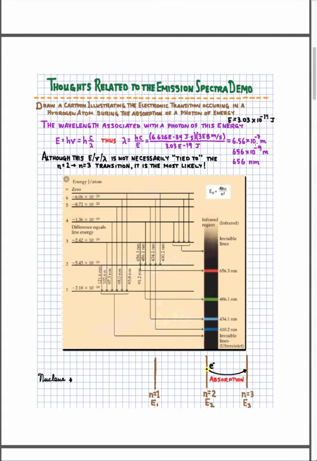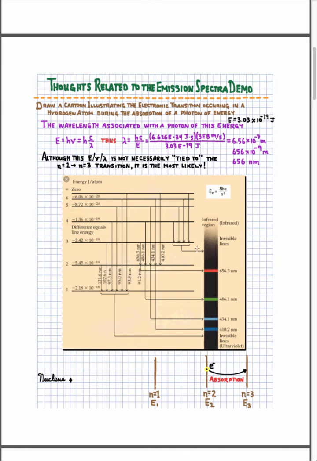And if I change that from 10 to the negative 7 meters to 10 to the negative 9 meters, why would you do such a thing? Because 10 to the negative 9 is a nanometer. I can see that the wavelength associated with this 3.03 times 10 to the minus 19 joules of energy is 656 nanometers.